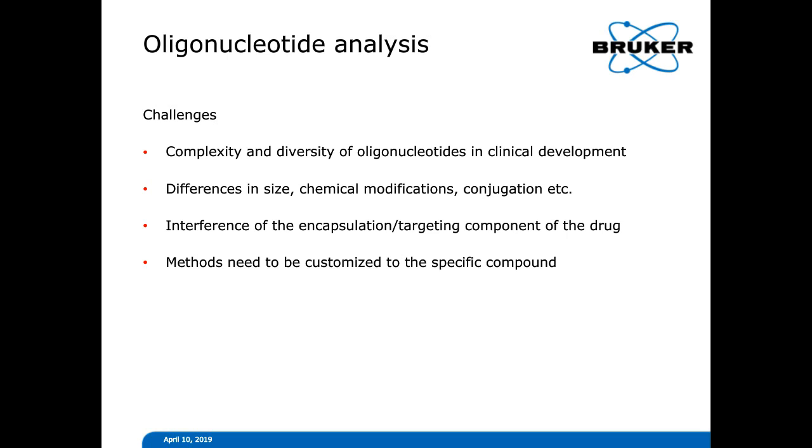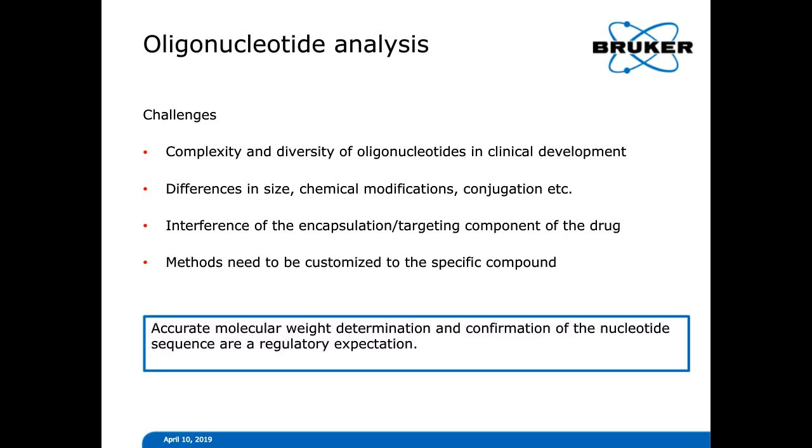A great deal of effort thus goes into method development of a specific compound. Accurate molecular weight determination and confirmation of the nucleotide sequence of an oligonucleotide are essential in confirmation of the identity of the molecule, and this is therefore a regulatory expectation.